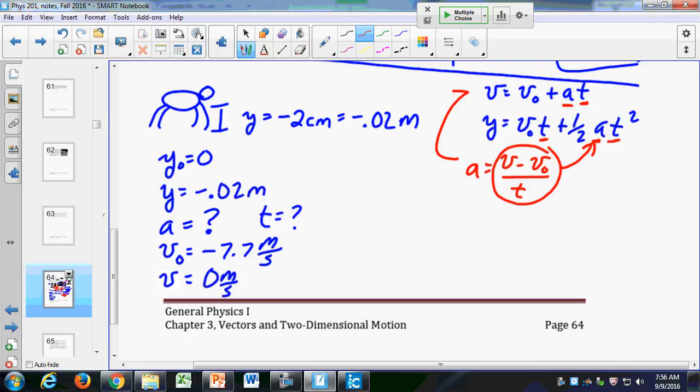Okay, so I'm going to substitute that in. I'm going to say y equals v naught t plus 1 half, and now a becomes v minus v naught over t, times t squared. I can cancel a couple of things, get rid of that and that. In fact, I'm going to get rid of this too because it's equal to 0.